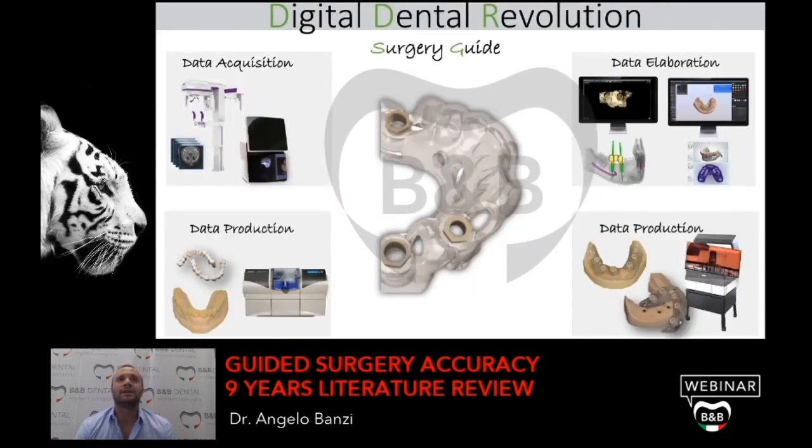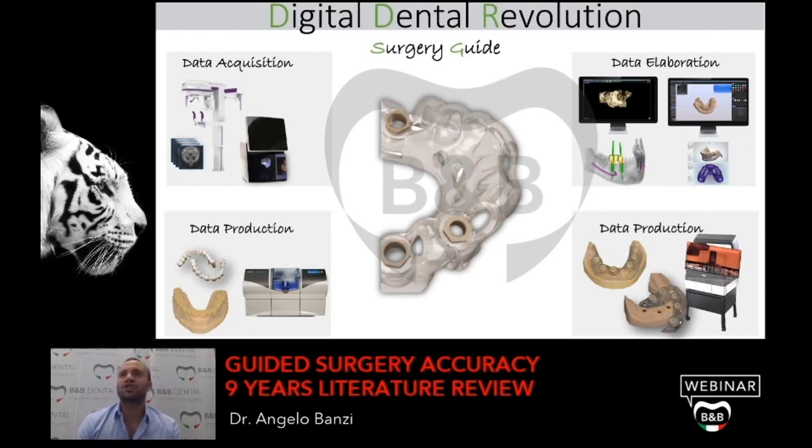With the radiological template, and with the extraoral scanner or also the intraoral scanner, I can get the virtual imaging of the soft tissues, teeth, and radiological templates. Once I've got these two files, the one of the bone of the patient wearing the radiological template and the one of the radiological template, I can match these two files together.